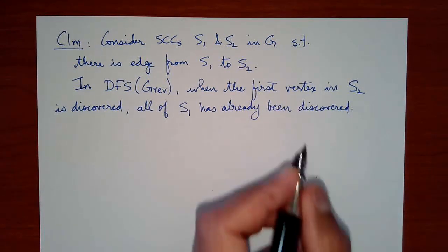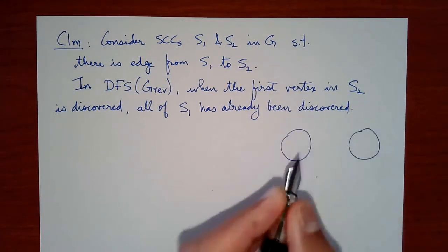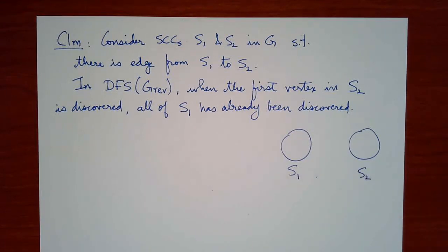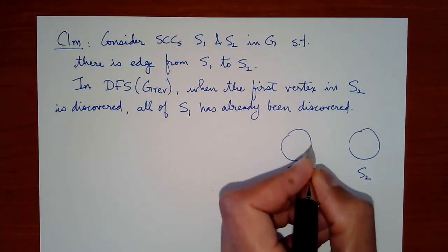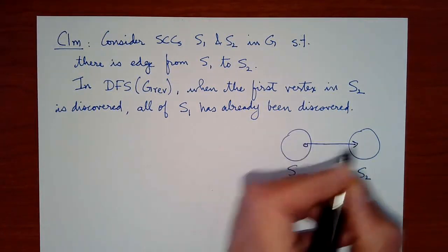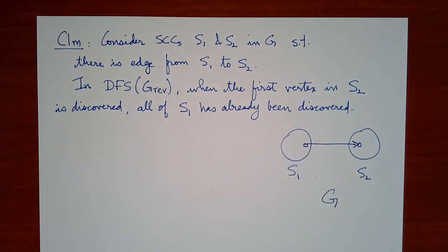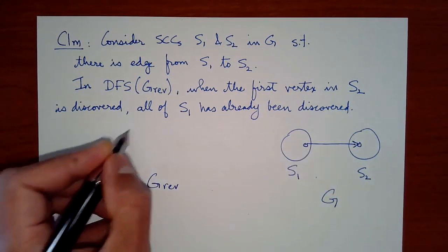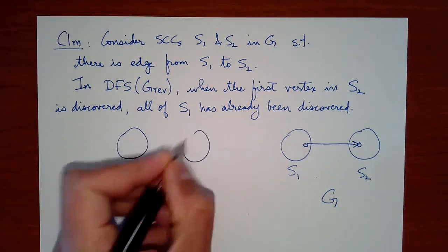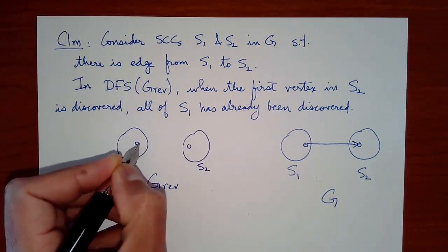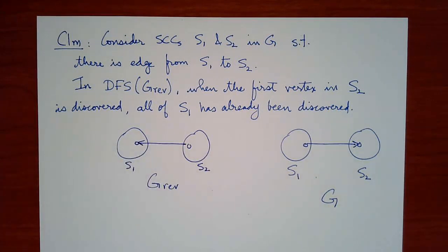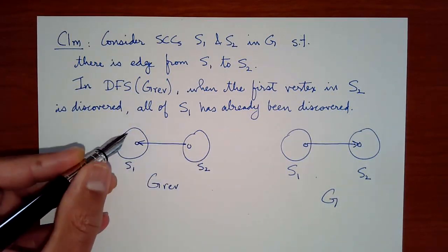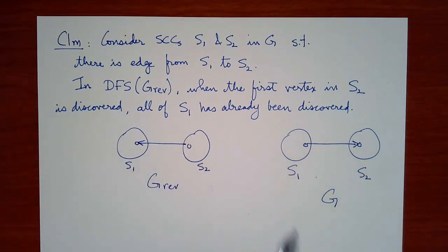So what am I saying? Here's S1 and S2. I'm drawing the situation in G. So in G, there is an edge that goes from here to here. Now, when you reverse, maybe I'll draw this over here in G reverse. You have S1 and S2, and there's an edge going in the opposite direction. When the first vertex in S2 is discovered, everything in S1 has already been discovered.